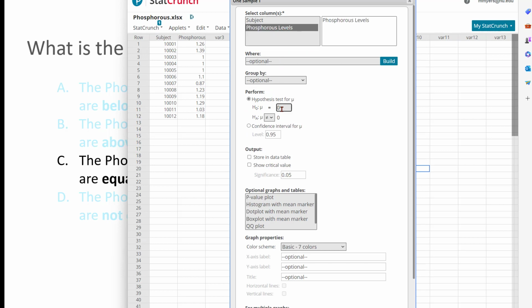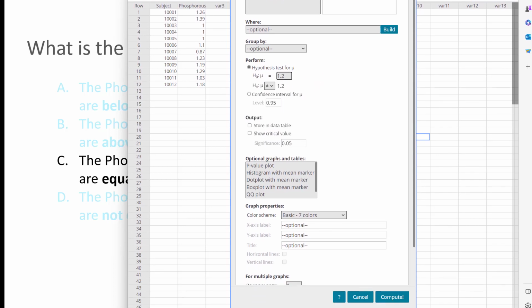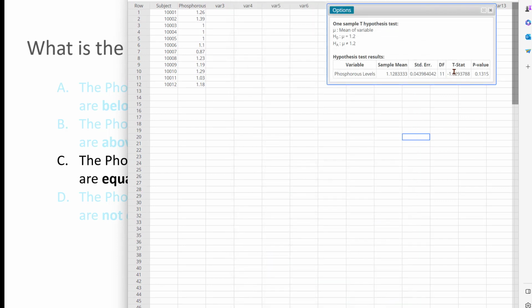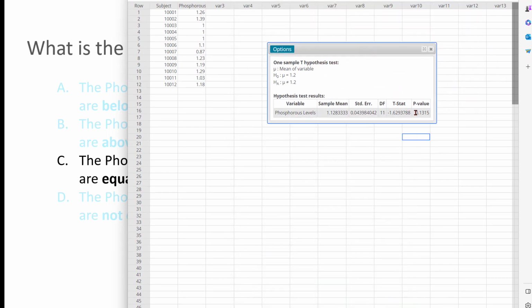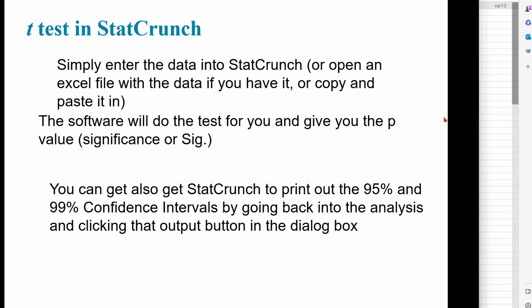Select the phosphorus levels variable, and be sure to put in the population mean that you are comparing the sample mean to, 1.2 in this case, as the default is 0. Click Compute and StatCrunch will calculate the test statistic, give you the hypotheses it tested, and a p-value. The p-value is above 0.05 here, 0.13, confirming our result is not significant.